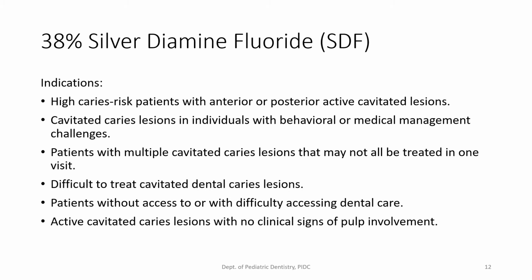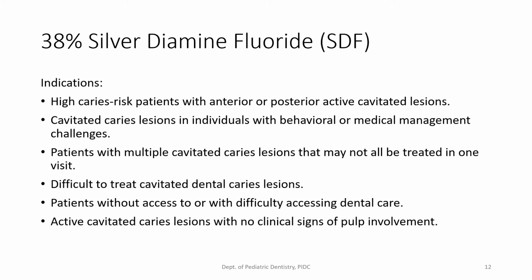So you can use silver diamine fluoride to postpone the definitive treatment until we can do it, for some reason. Maybe get an OT, maybe general anesthesia cannot be given to the child and things like that. So silver diamine fluoride really proves to be handy there.